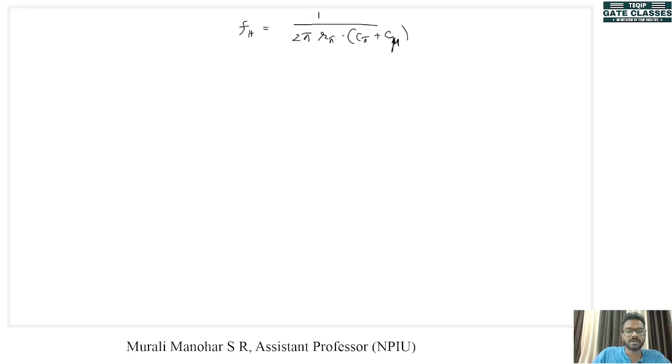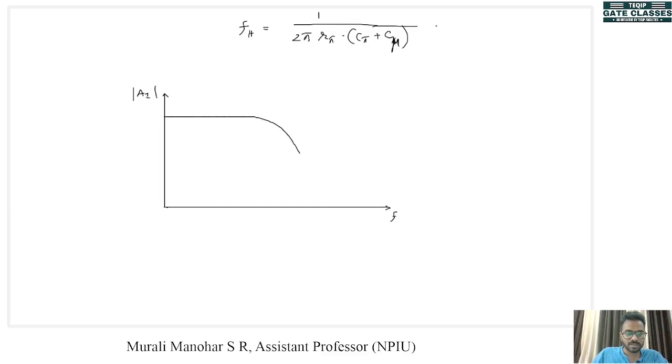This is the cutoff frequency. So the gain versus frequency graph of this will look like this. This is modulus of AI. This is F, frequency. It will look like this.